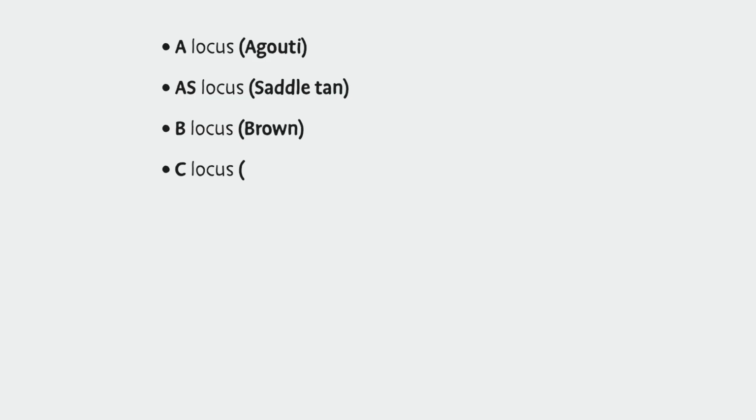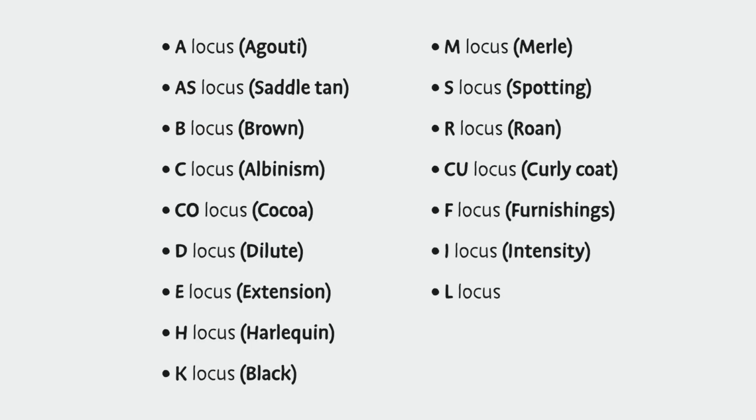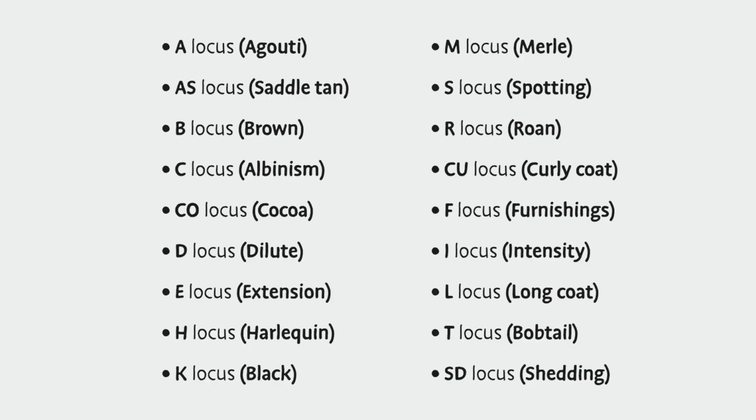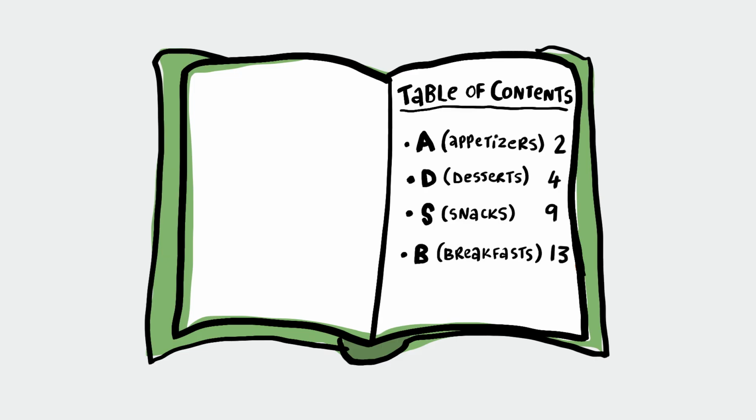The plural of locus is loci, and there are about 18 widely recognized loci in the field of coat color genetics. Each of them refers to a set of specific gene recipes that affect your dog's physical appearance in different ways. You can think of loci as meal or drink categories, like appetizers, desserts, snacks, breakfasts, even cocktails.